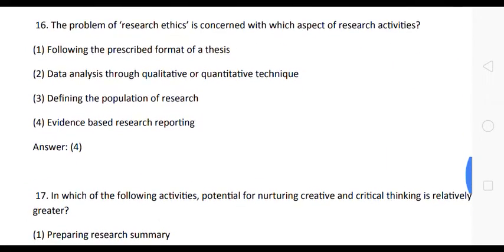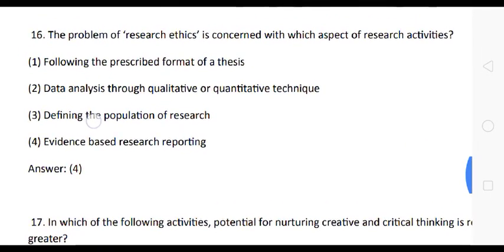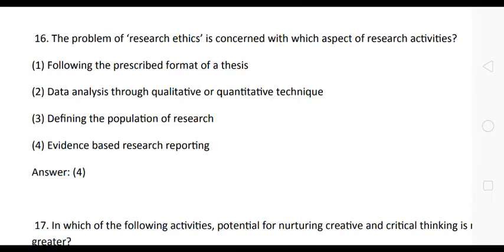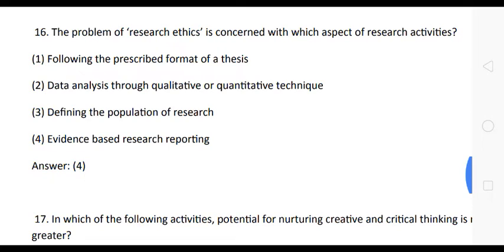Now let us see the next question. The problem of research ethics is concerned with which aspect of research activities?